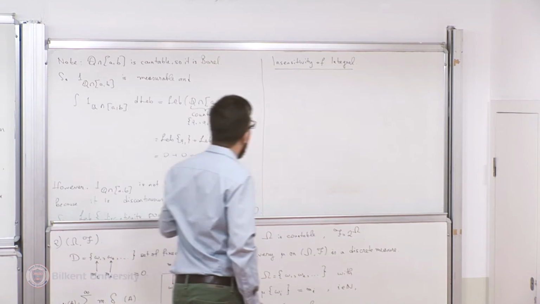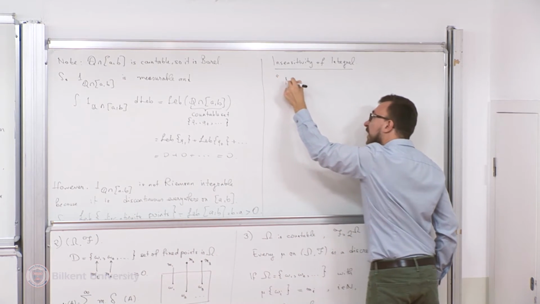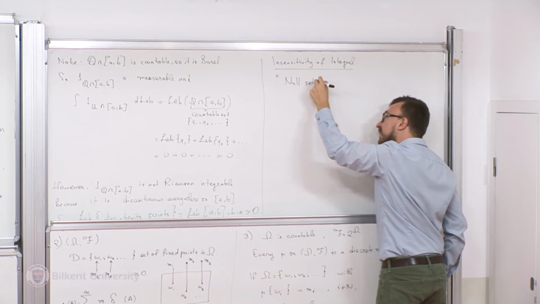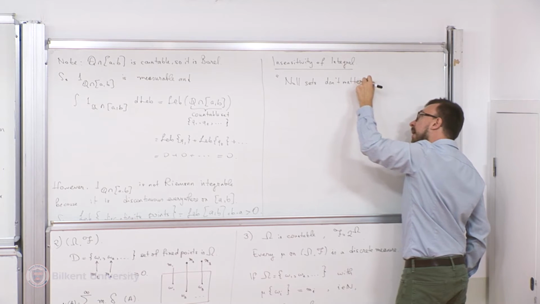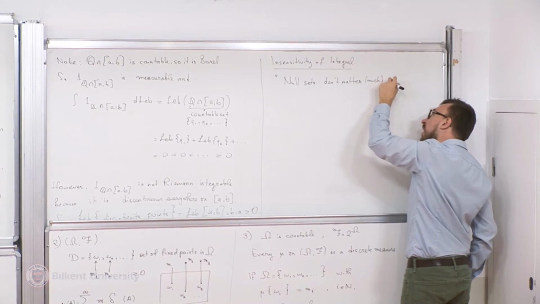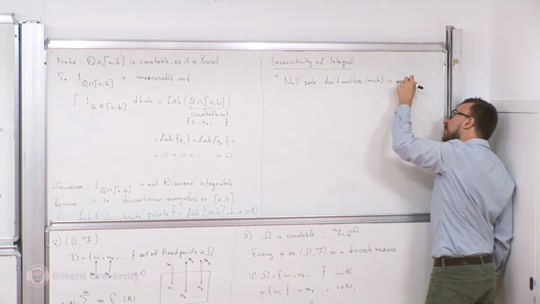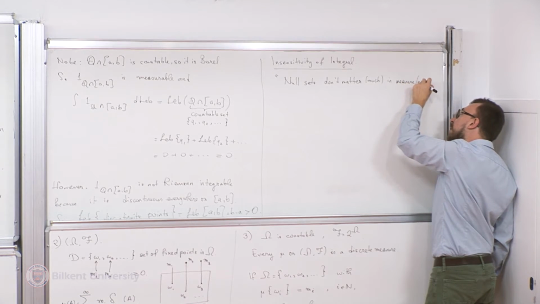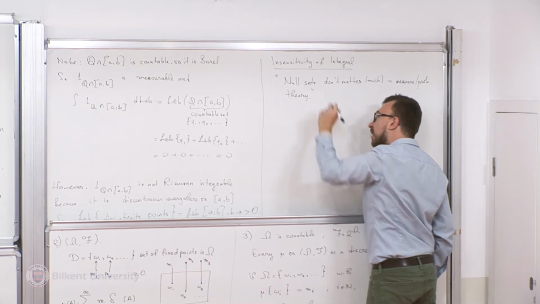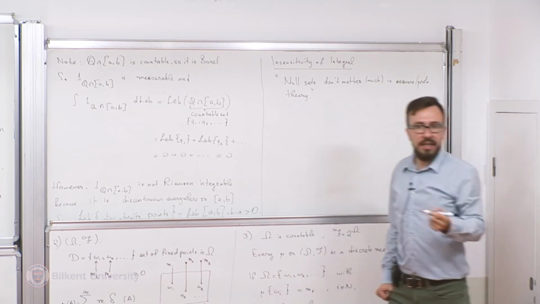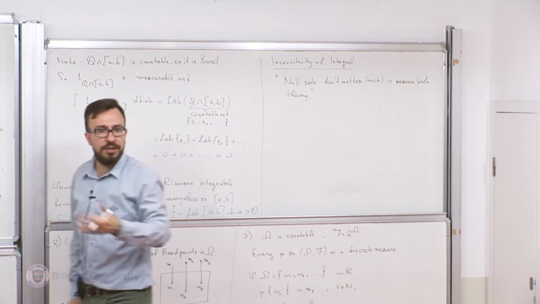Insensitivity means, in quotations, null sets don't matter much in measure or probability theories. What is a null set? A null set is a set with measure 0.